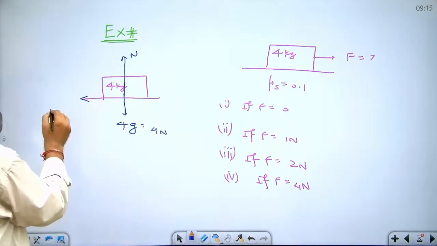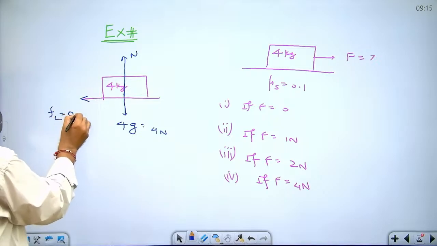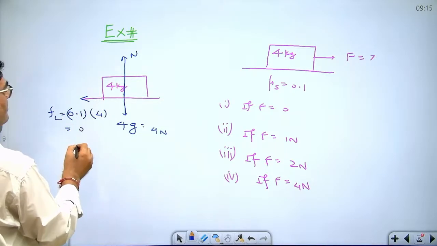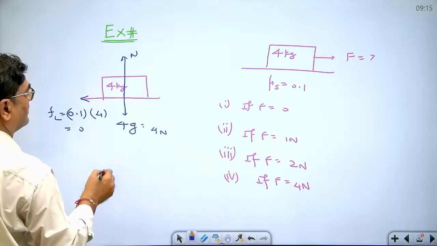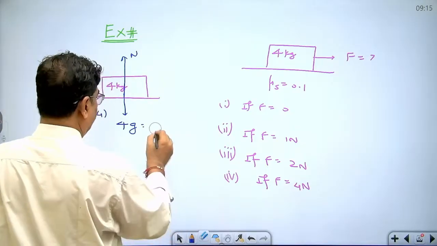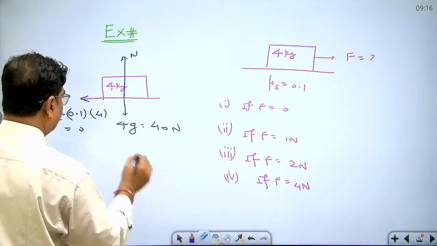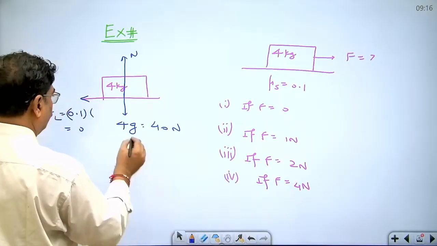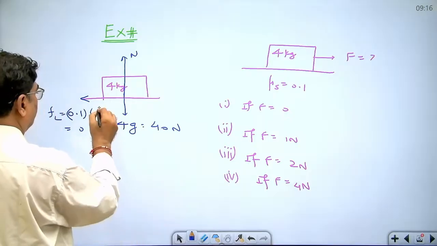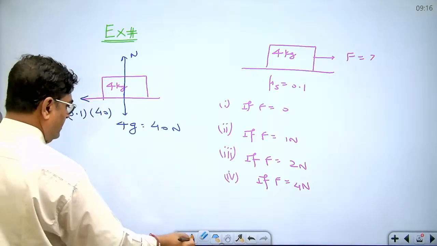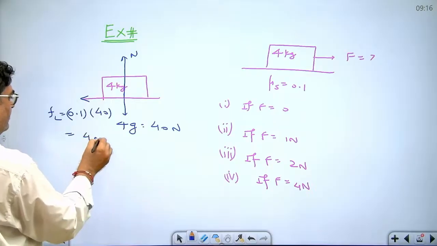And this is the limiting frictional force Fl equal to mu s into N. This is 4 Newton.